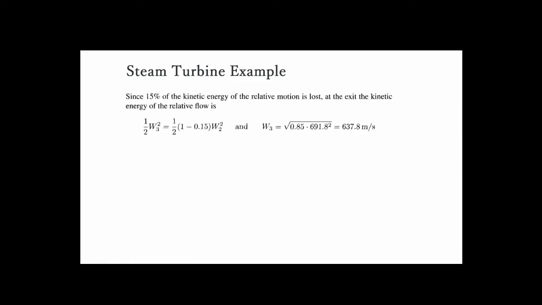Since 15% of the kinetic energy of the relative motion is lost at the exit, the kinetic energy of the relative flow is one half W3 squared. This is the kinetic energy equation, equal to one half times one minus 0.15, this is the efficiency, times W2 squared.